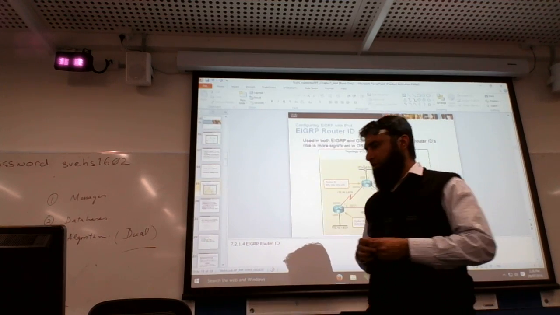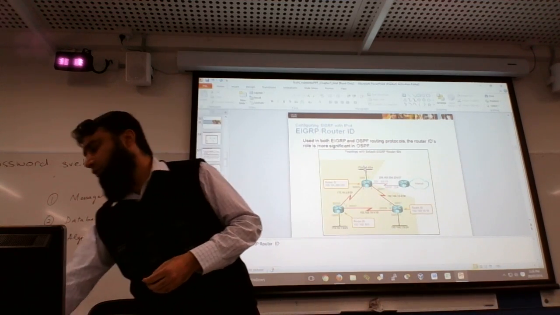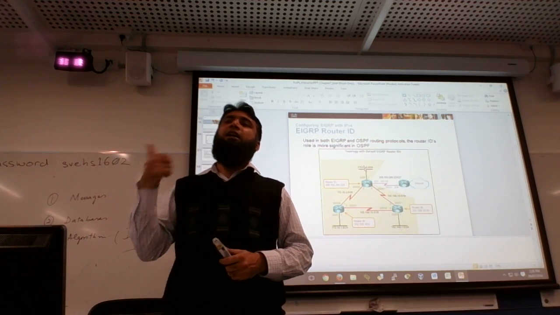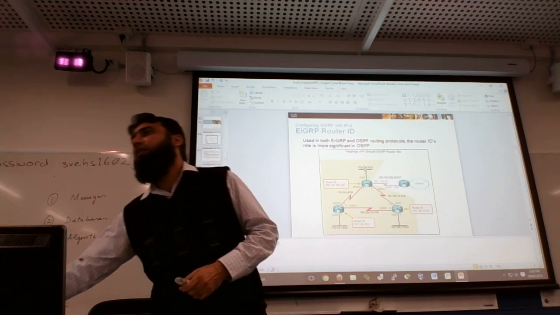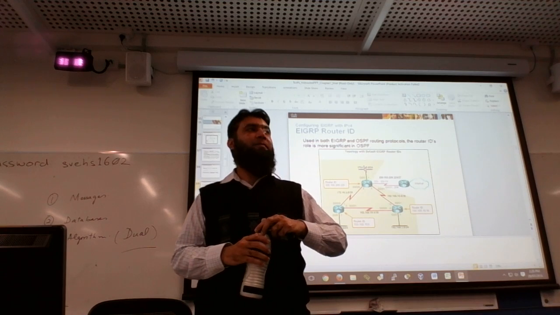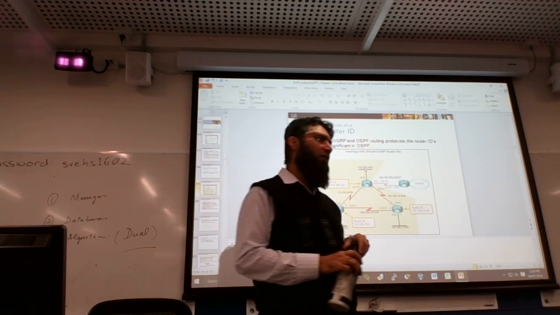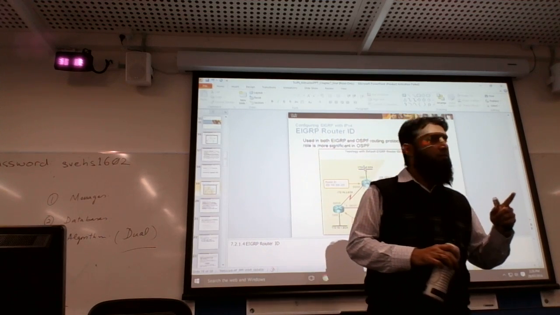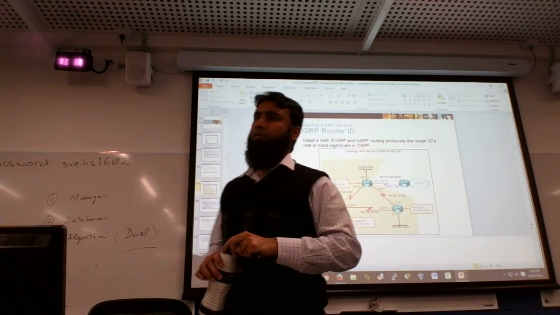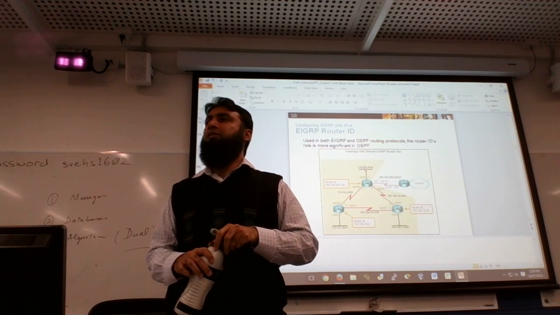So there are two conditions. First, it will look at the loopback interfaces. The highest active loopback interface will be taken as the router ID. And if loopback interfaces are not configured, then the highest active interface IPv4 address will be taken as the router ID.